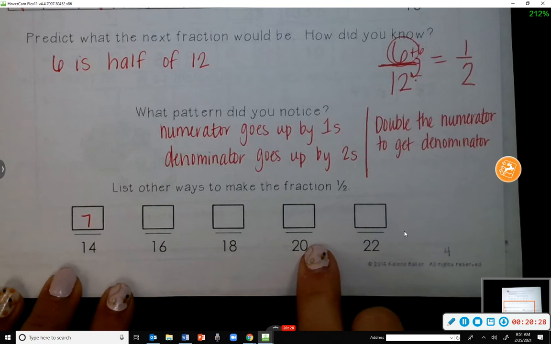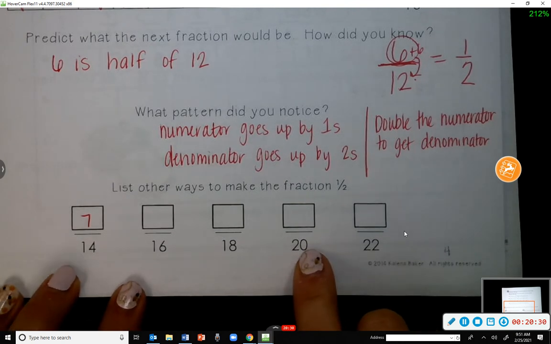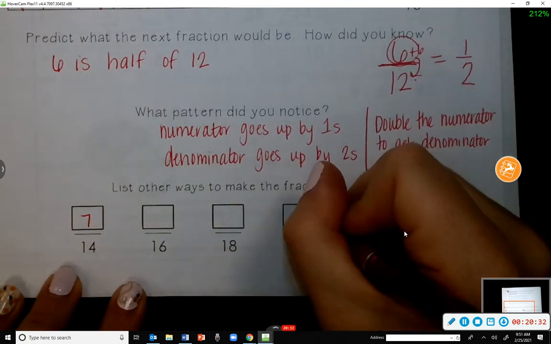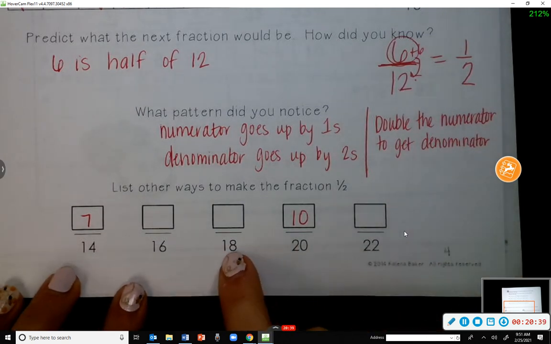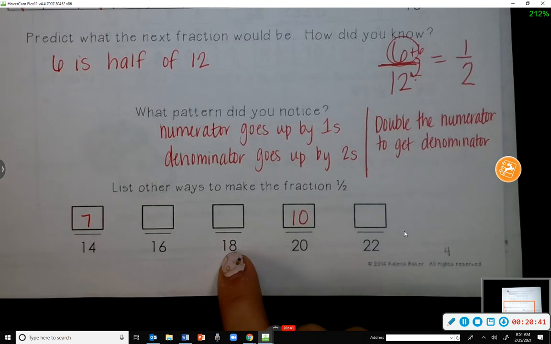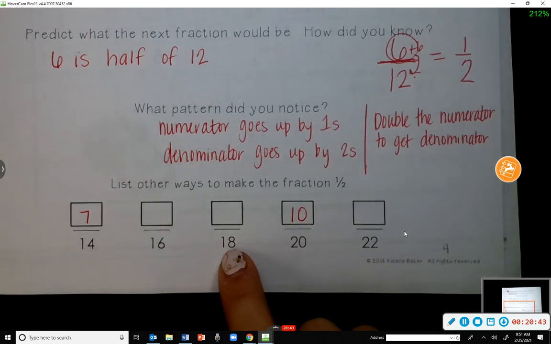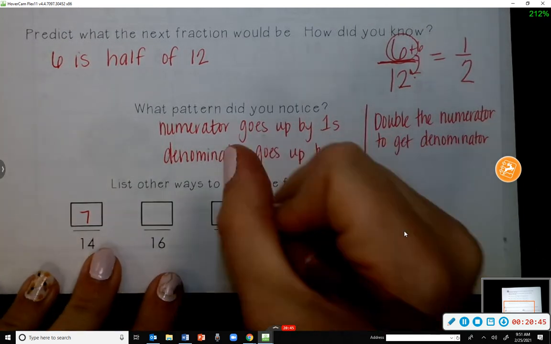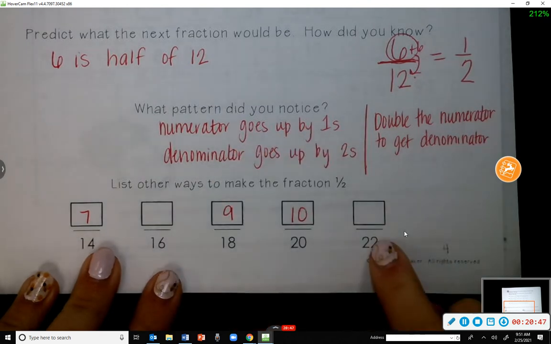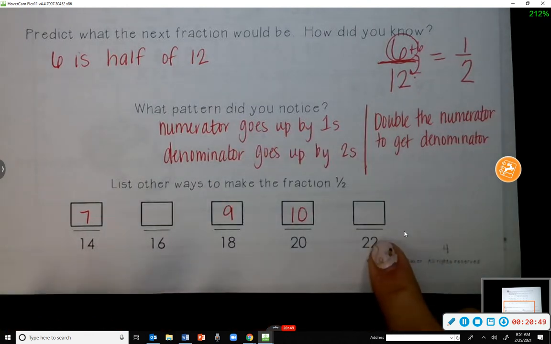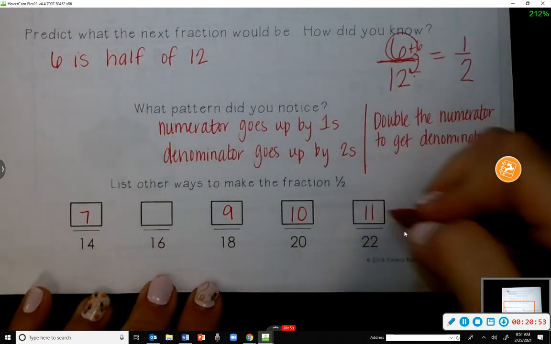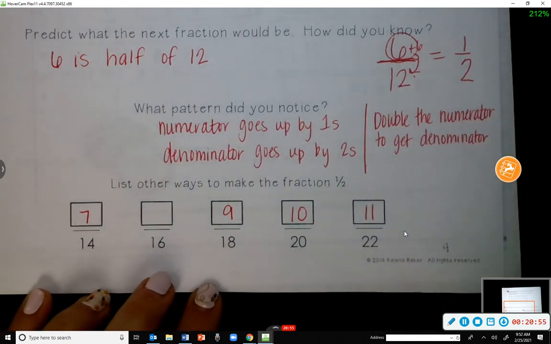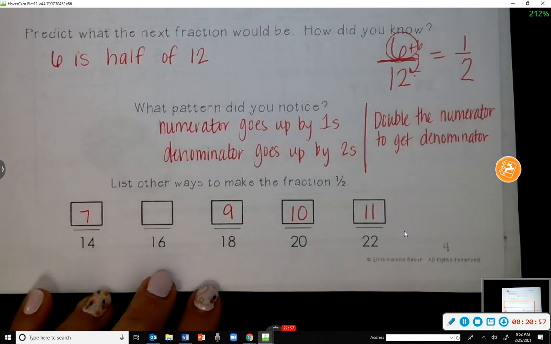Okay, let's go to 20. 10, because 10 is half of 20. 10 plus 10 equals 20. Okay, 18. 9. Good, Aaliyah. I'm going out of order for a reason, so stay with me. 22. 11, because 11 plus 11 is 22. 24. 12 plus 12 would be 24.